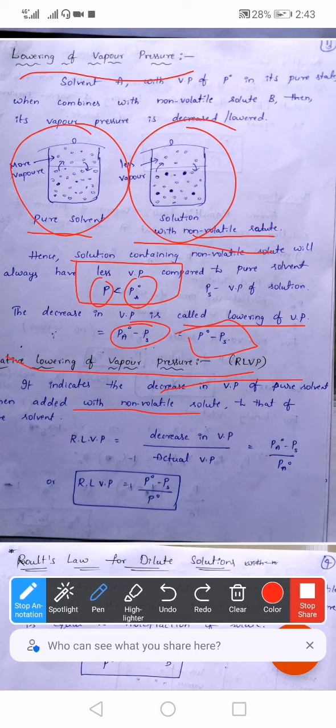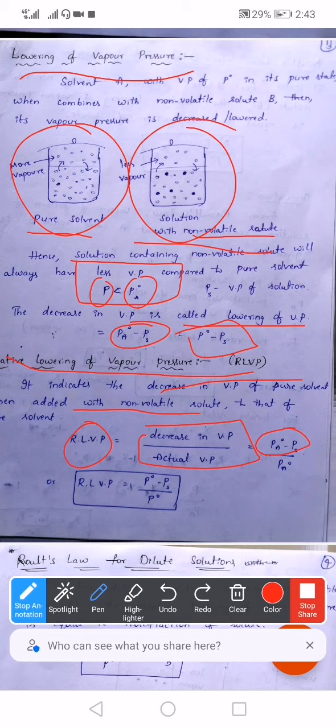As a shortcut, I have taken it as RLVP, relative lowering of vapor pressure. By definition, it is the decrease in vapor pressure divided by the actual vapor pressure. The decrease in vapor pressure is PA naught, where A indicates solvent and naught indicates pure state, so the vapor pressure of A, the solvent in its pure state, minus Ps, where S indicates solution, the vapor pressure of the solution.